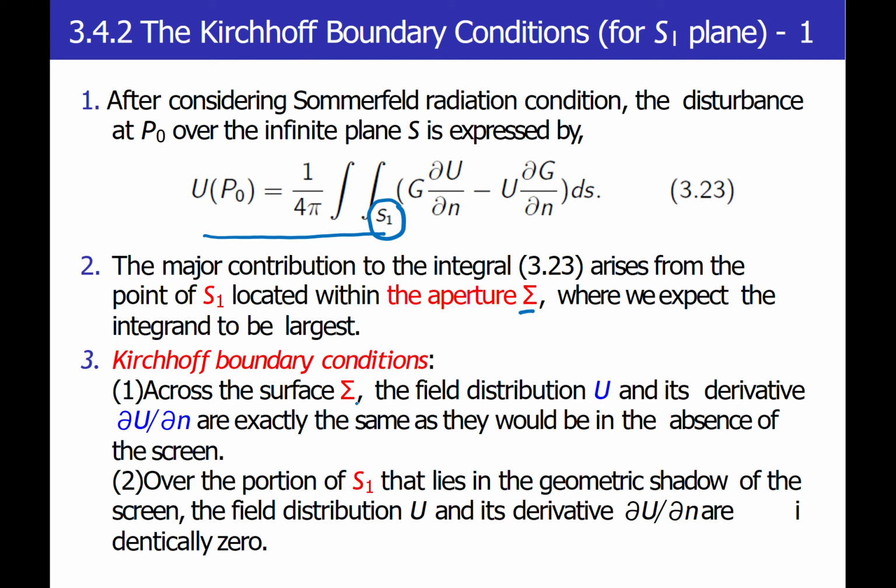And then we have another condition: the Kirchhoff boundary condition says that across the aperture, the field distribution and its derivative are exactly the same as they would be in the absence of the screen. For the portion of S1 that lies in the geometric shadow of the screen, the field distribution U and its derivative are identically 0. We have these two assumptions, which are quite strong.